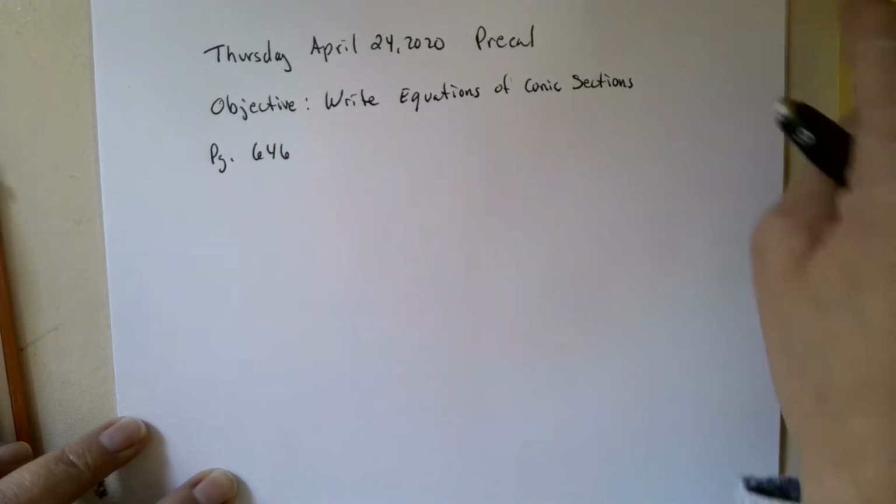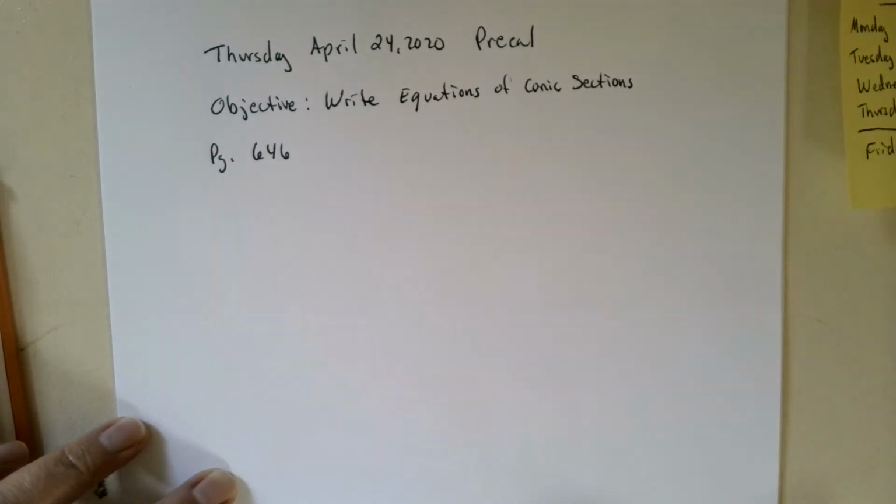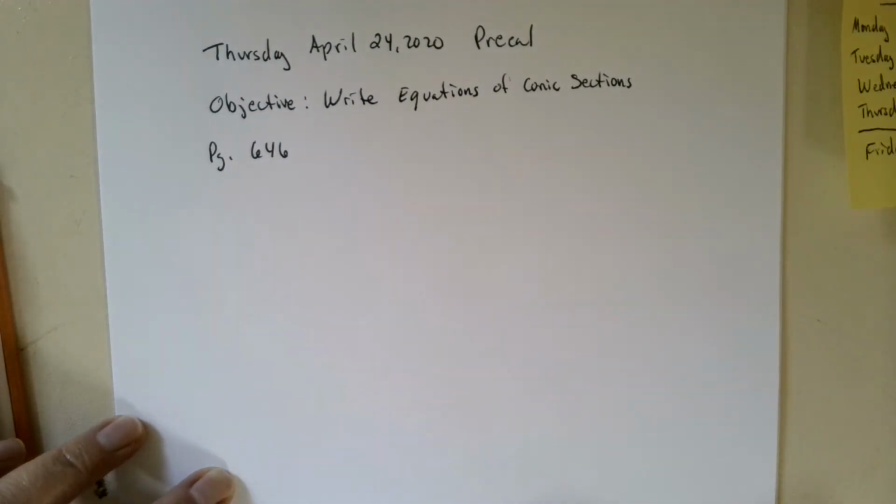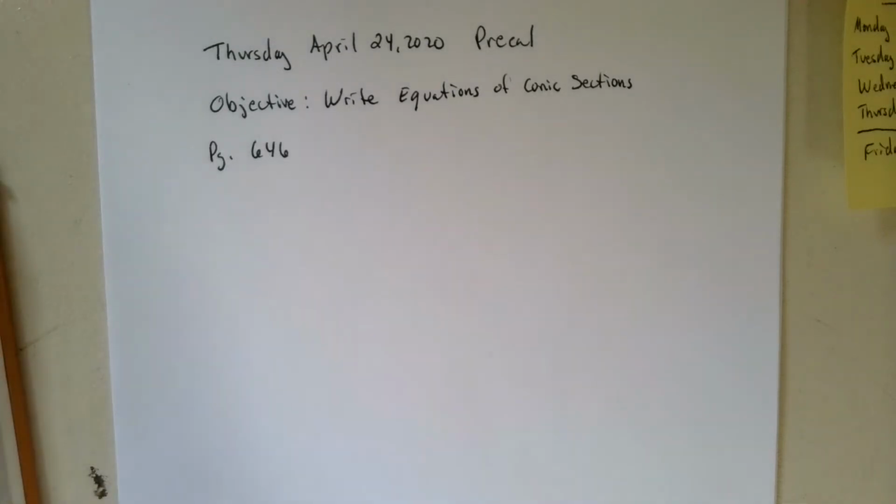All right, so when I was looking through the different ACT practices and tests, a lot of what they wanted you to be able to do was to look at a graph and write an equation, or at least understand how things were graphed and coming up with an equation. So on page 646, on 1 through 6, they have matching.